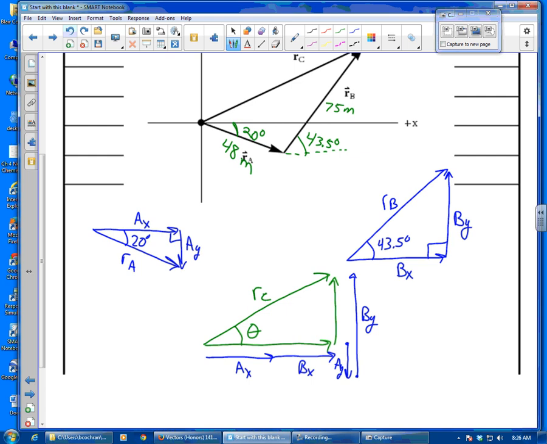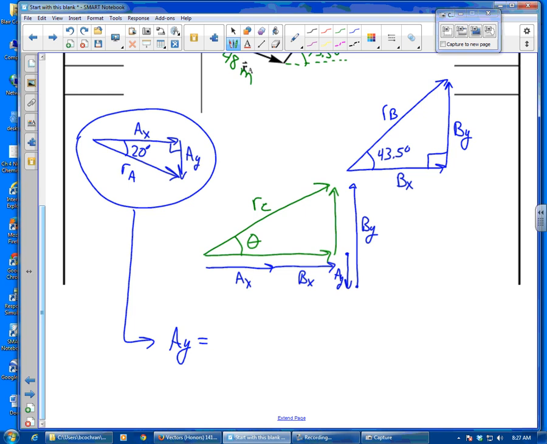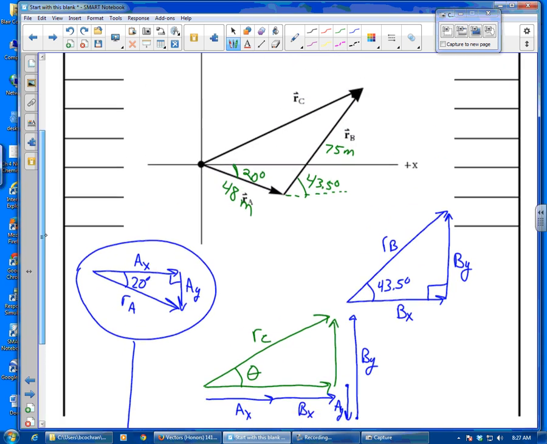Now let's figure out each one of these. Let's do A first. Oh, you're going to be so sick of doing these by the end. So I want to figure out AY. It's opposite my angle, so it's sine. The hypotenuse, what was my hypotenuse?